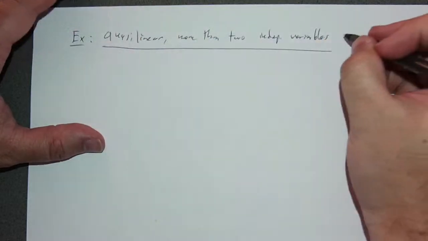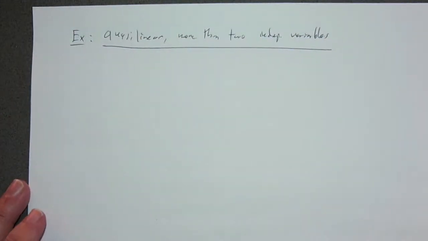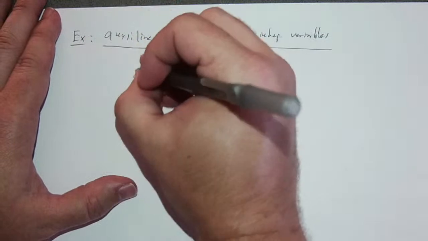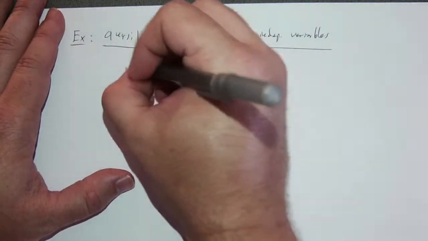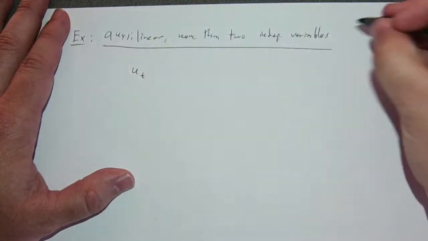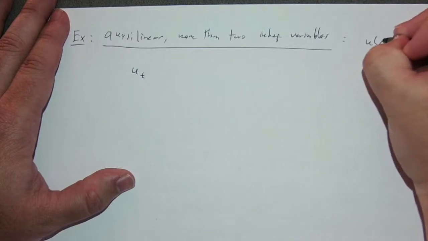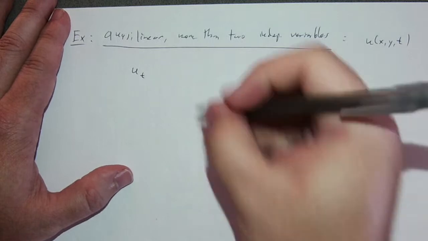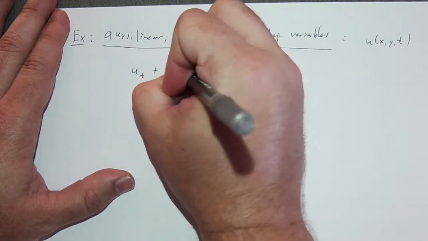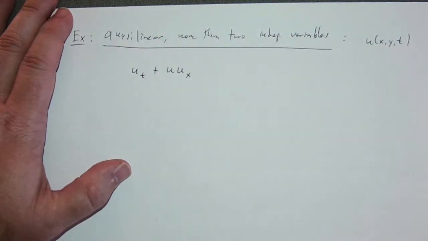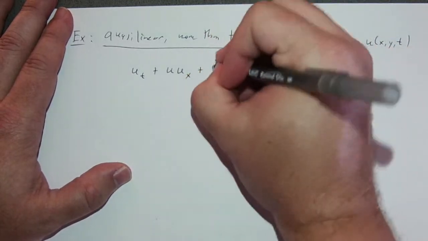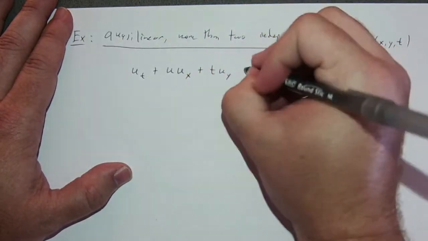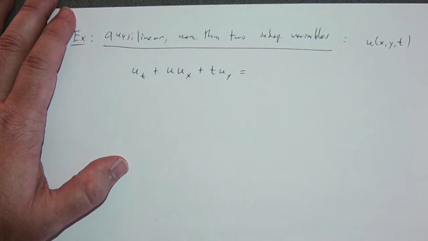We do the exact same thing that we did previously. So let's look for a PDE that solves the following. We're looking for a solution u of x, y, t, where u sub t plus u sub x plus t u sub y is equal to y.